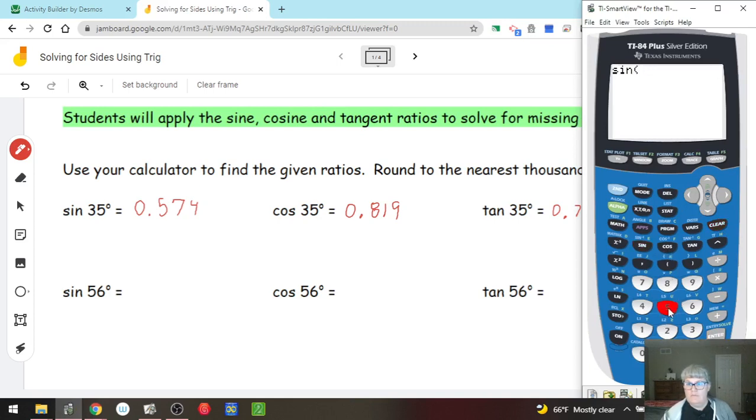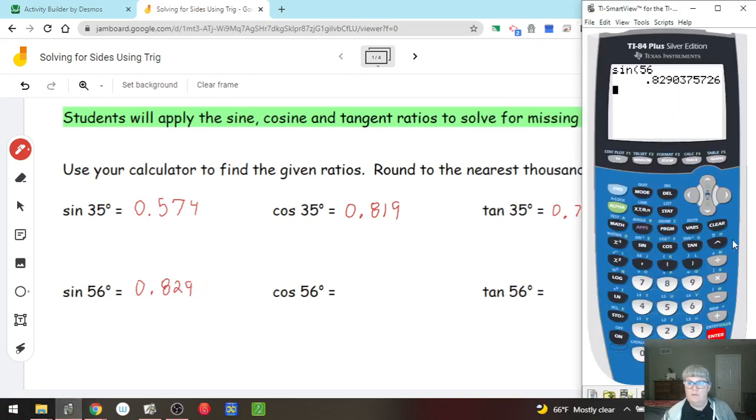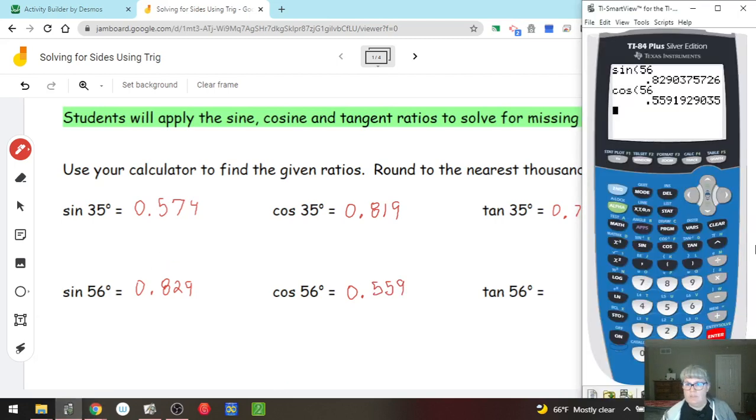Sine 56, 0.829, cosine 56, 0.559, and then we have tangent 56, 1.48, this 2 will actually round to 3, so 1.483.